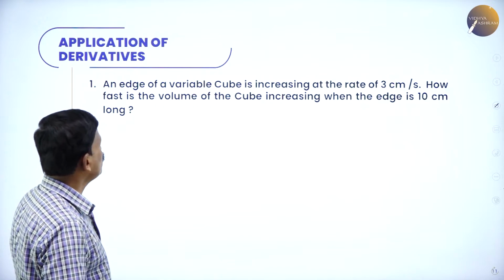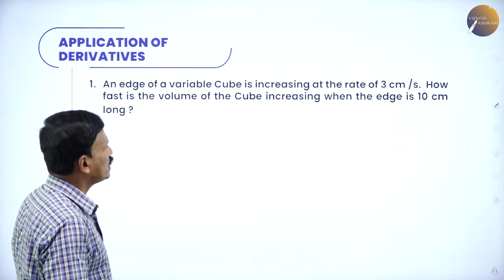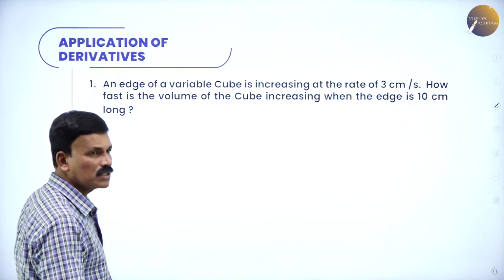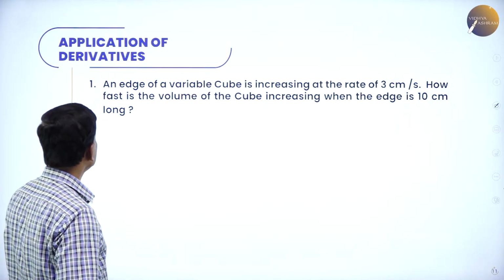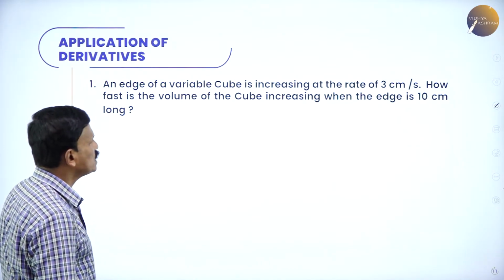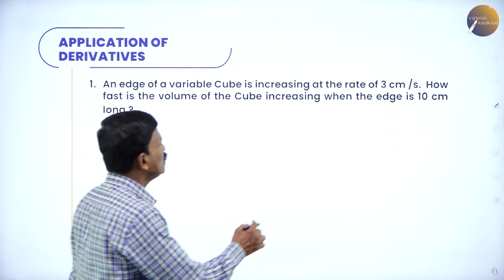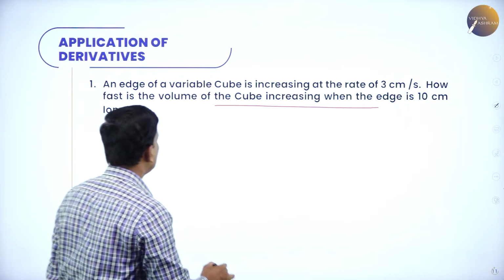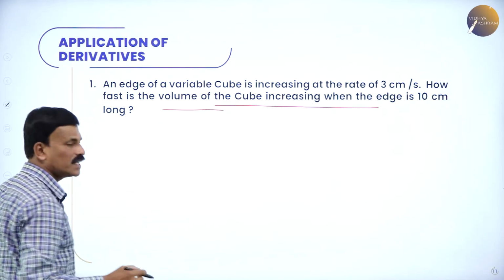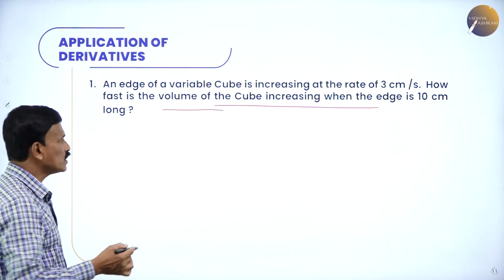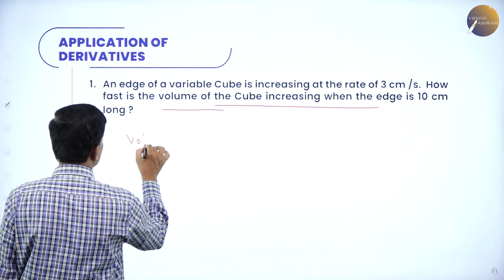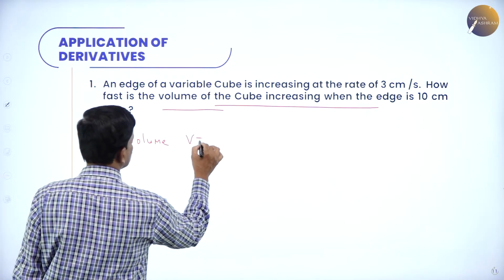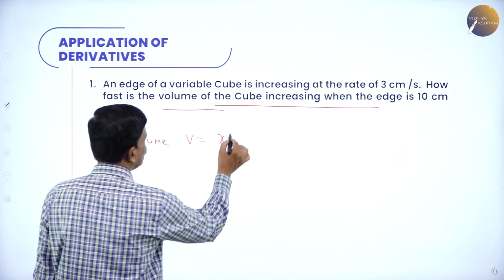An edge of a variable cube is increasing at the rate of 3 centimeters per second. How fast is the volume of a cube increasing when the edge is 10 centimeters? Volume of a cube. What is the formula? Suppose x is an edge of the cube, then the volume is given by V is equal to x cube.